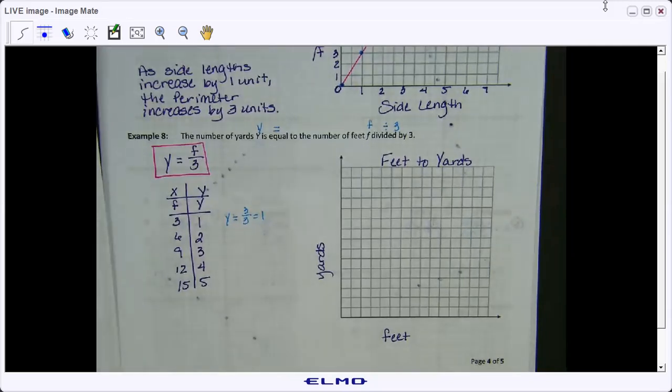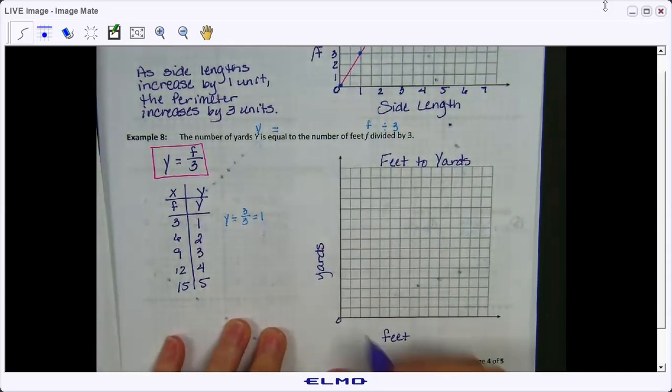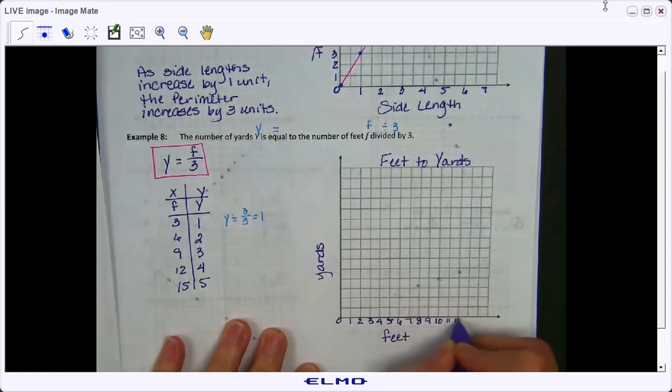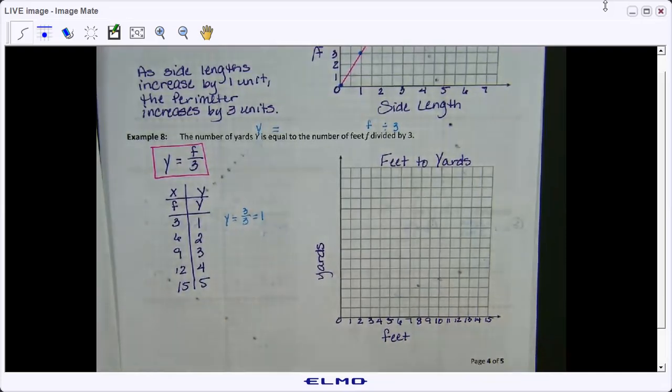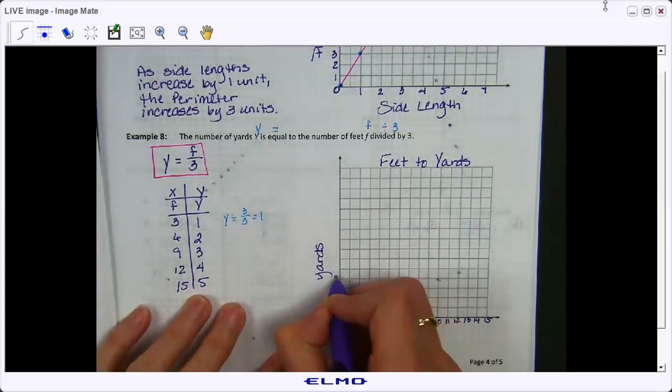Okay, so can someone tell me what increments we should go by on the x-axis? On the x-axis, yes, we go by ones and we don't skip a line. So we start at 0, your origin is always 0, don't start your 1 right there. And go ahead and write your increments. And then on the y-axis, I'm going to go by halves, so I'm going to skip a line for each one.